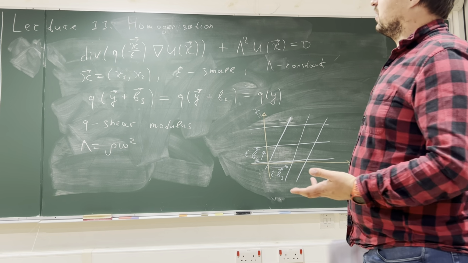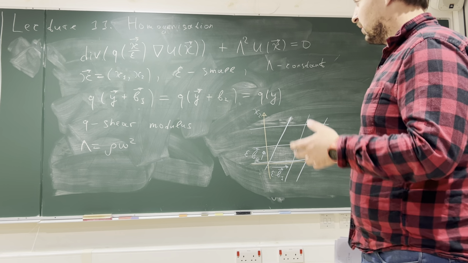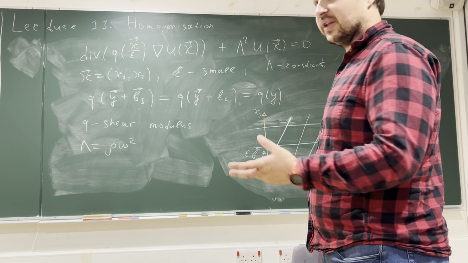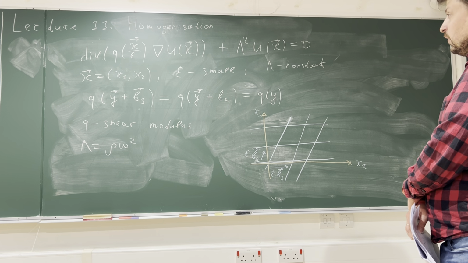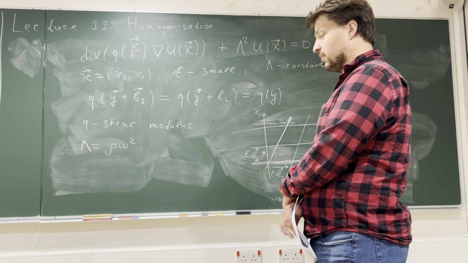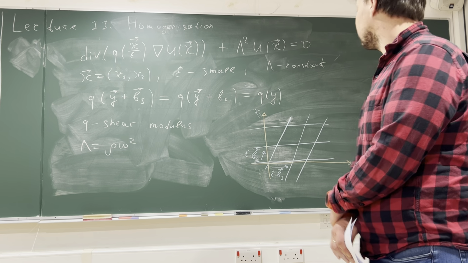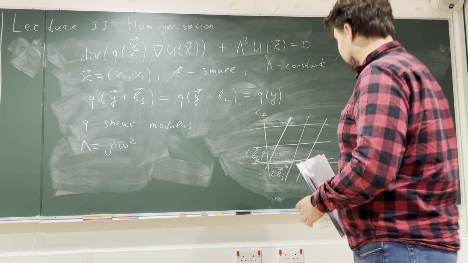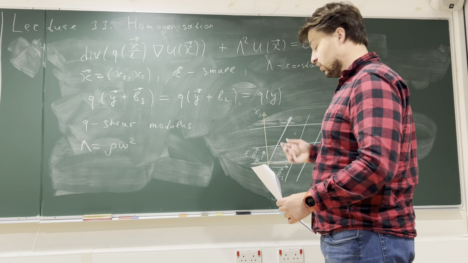What's the problem with this equation? If you have a simple geometry, you can try to solve it analytically. But if you don't, you usually will use something like the finite element method. And the problem with the finite element method is that if you want to solve this problem directly, and you have many cells, you need to discretize on each cell.